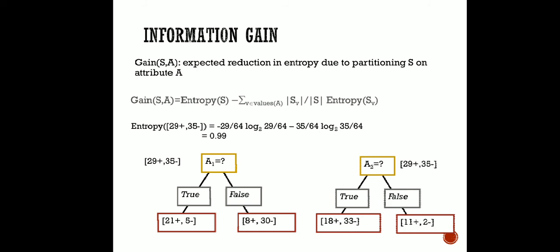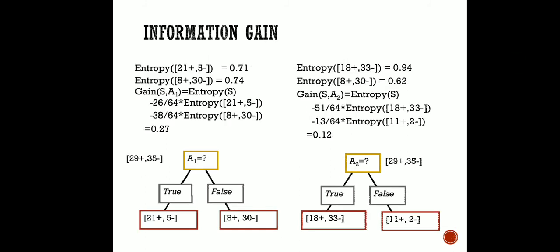Now we have to look at how to calculate the information gain. We have calculated the entropy of my original node, that is A1. Now, how are we going to find the information gain? Firstly, we have to find the entropy of this true node and the entropy of this false node, using the same formula.